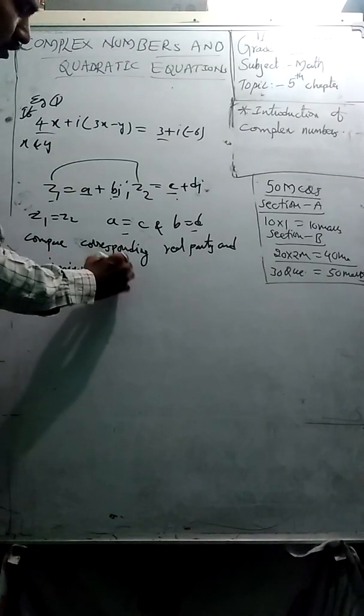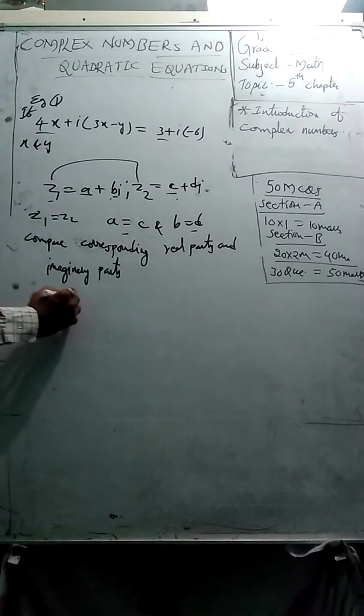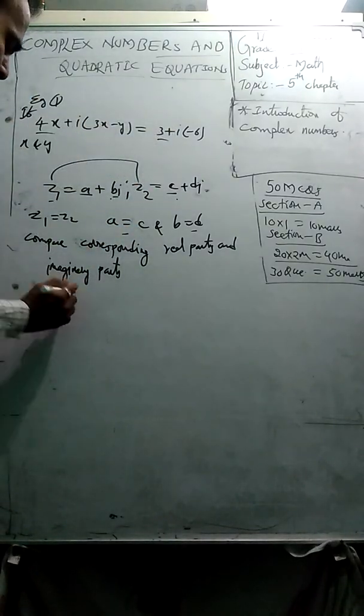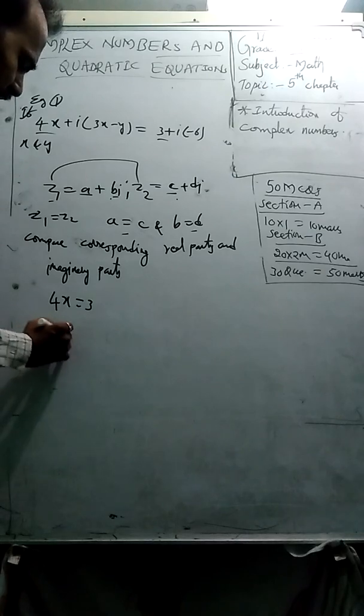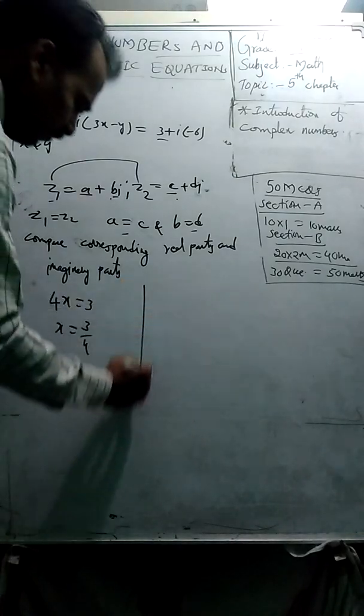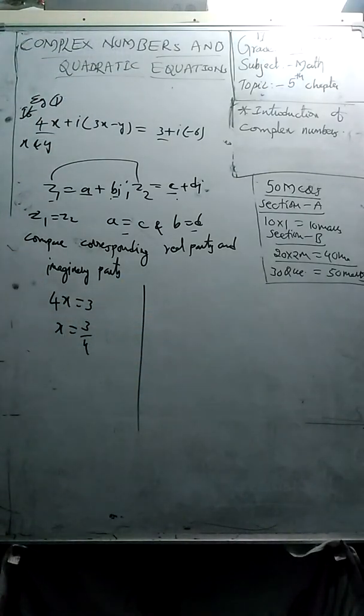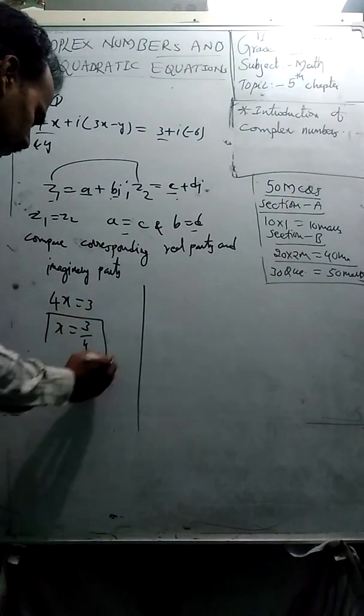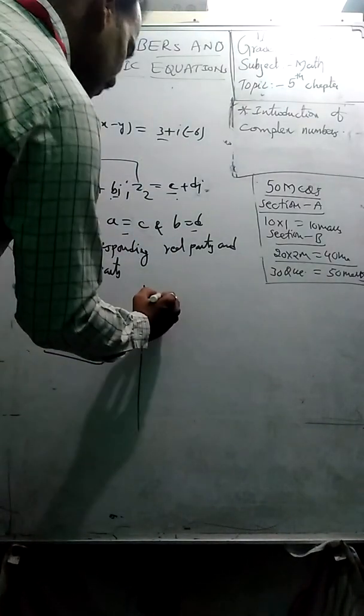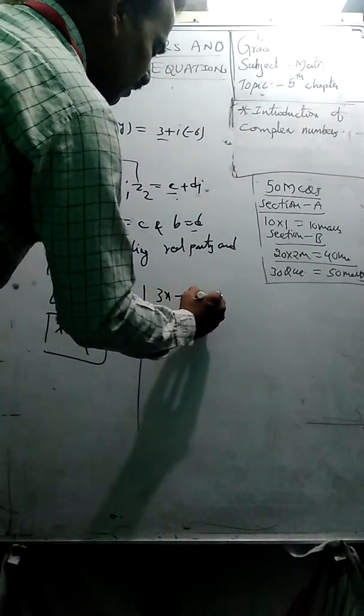So here the real part 4x equals the real part 3. So x equals 3 by 4. We got the x value as 3 by 4. Now we compare the imaginary parts.